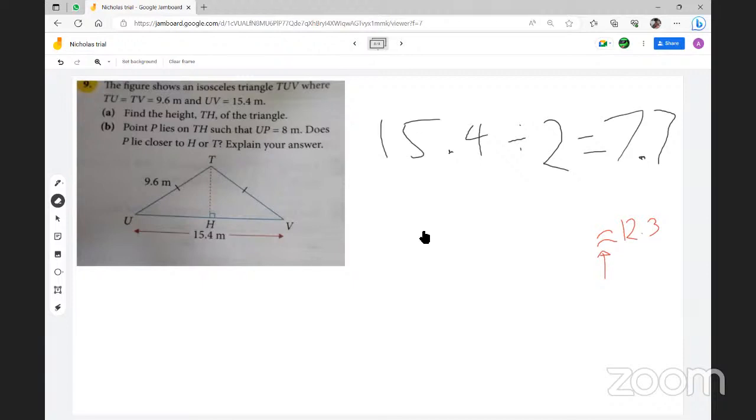You cannot use 12.3. 7.7 square minus 9.6 square. That also does not make sense. 9.6 square minus 7.7 square. Yeah. Good.